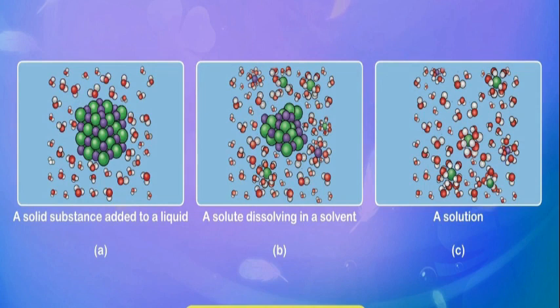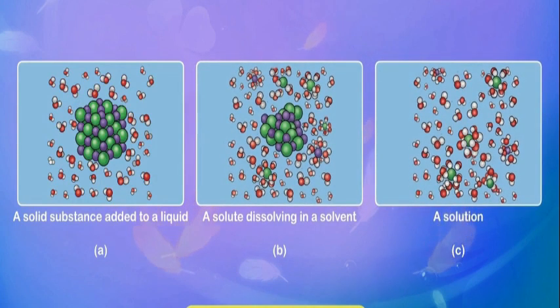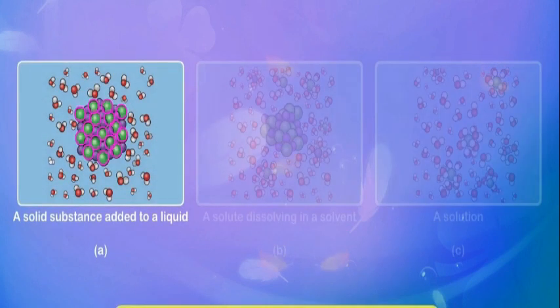The diagrams B and C show how a solution is formed. A soluble substance gradually disperses and dissolves into the liquid. If the substance is insoluble in the liquid, it stays undispersed as shown in diagram A.